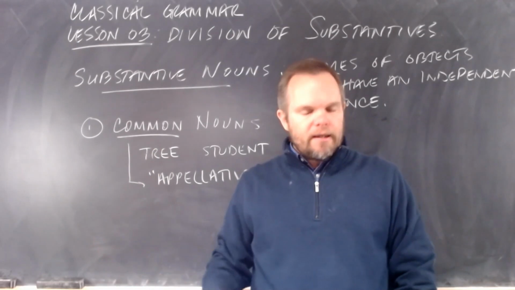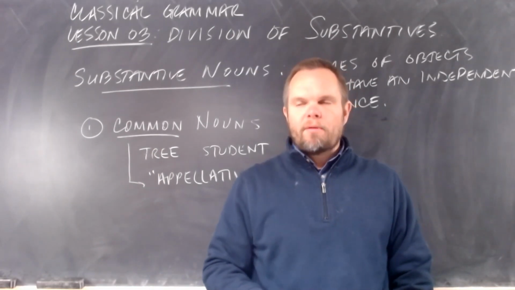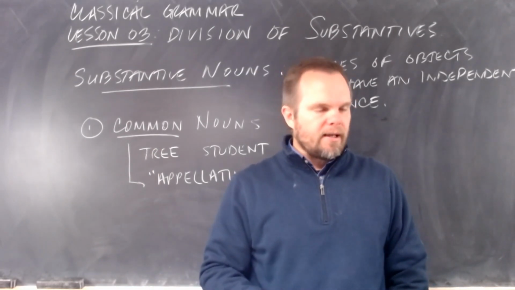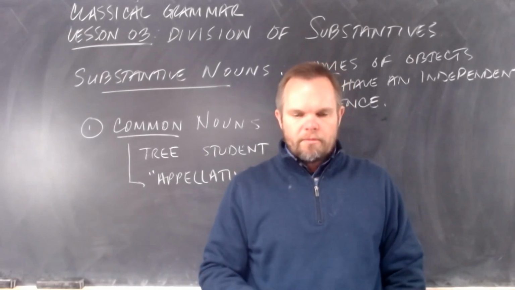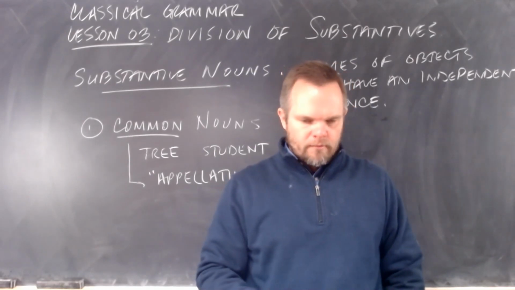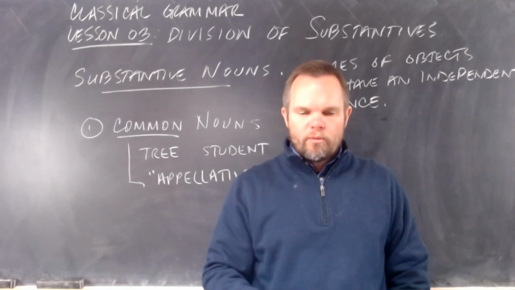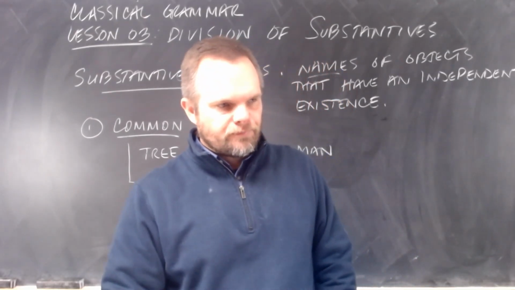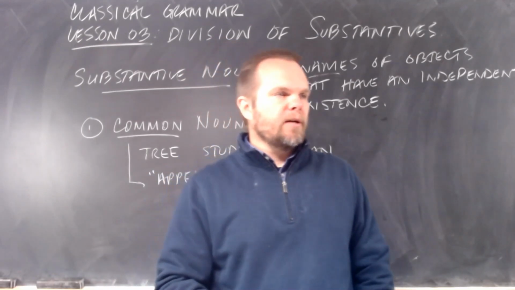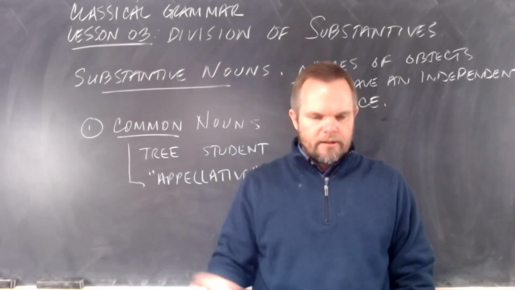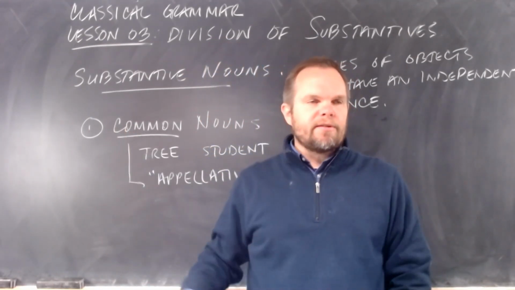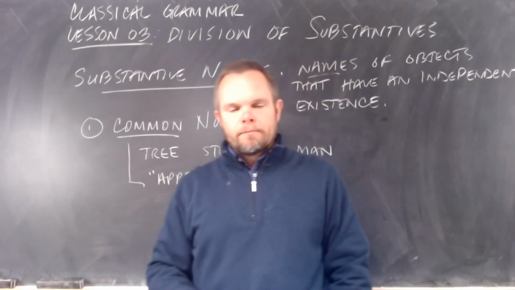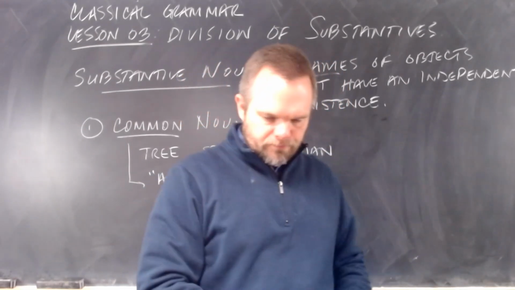This word appellative, the lesson tells us, comes from the Latin word appellare, which means to call. They are the names by which external objects are called. So appellative noun. But the name we're going to use for these is common noun. Common nouns.